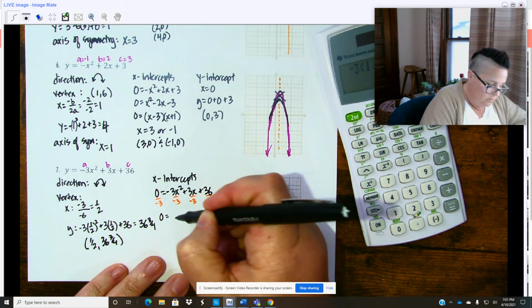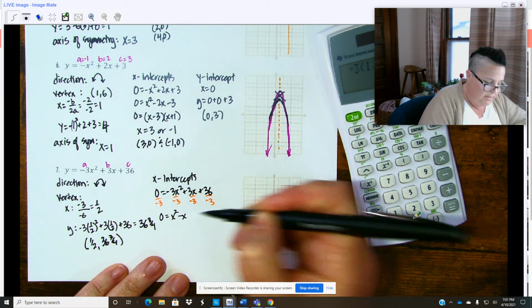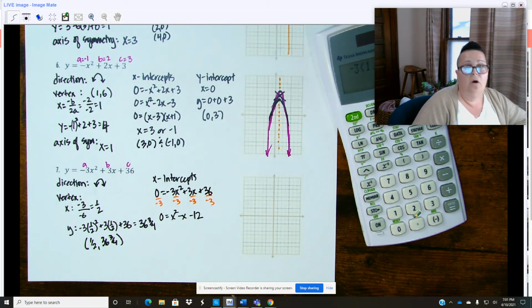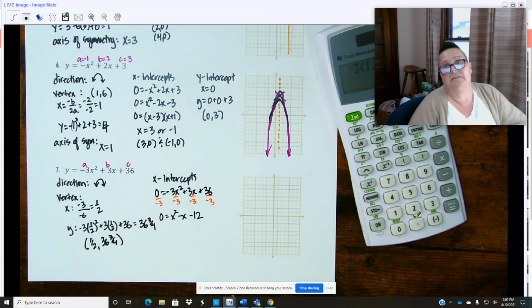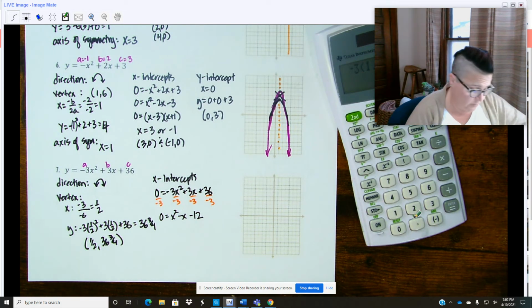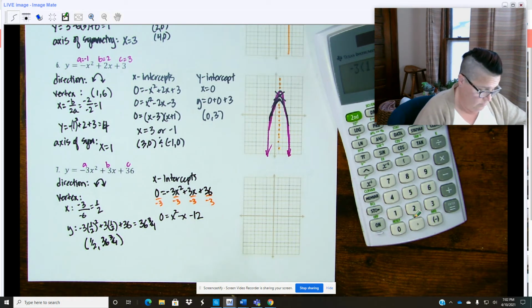So 0 is equal to x squared minus x minus 12. Oh, Jiminy, that one factors too. This one does factor, and I can see the factors. But I'm going to go ahead and use the quadratic equation on it. Right?